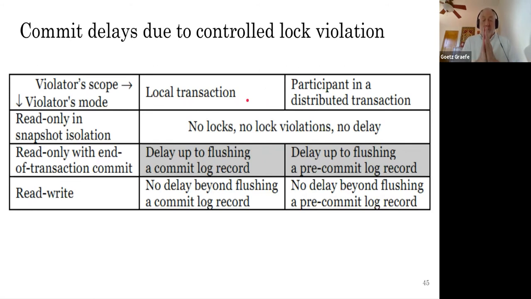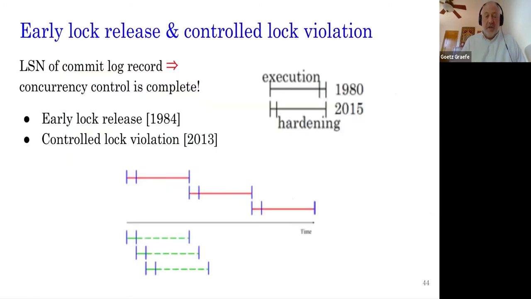So basically, what controlled lock violation does is guarantee correctness, but it also permits a schedule like this one, which actually remains correct, whereas most of today's systems would force this schedule.